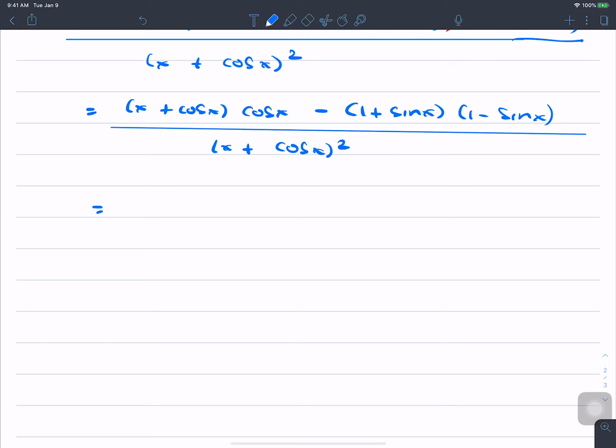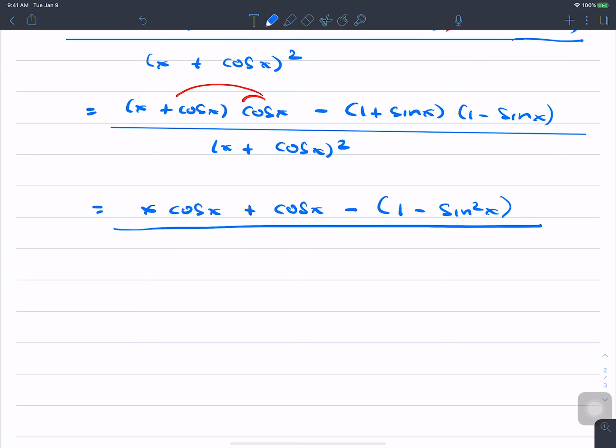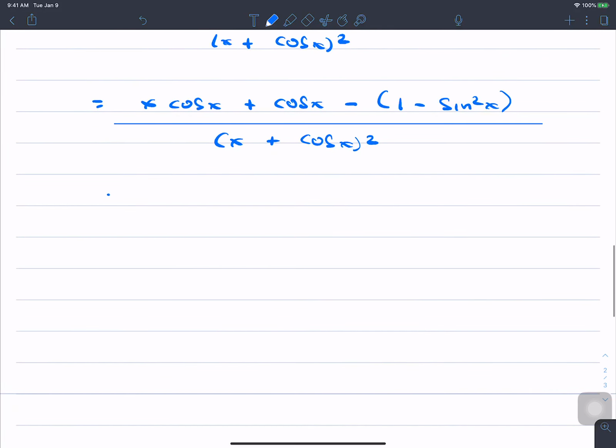So distributive property: x cosine x plus cosine squared x. And then this is minus 1 minus sine squared x. Everything over x plus cosine x squared.